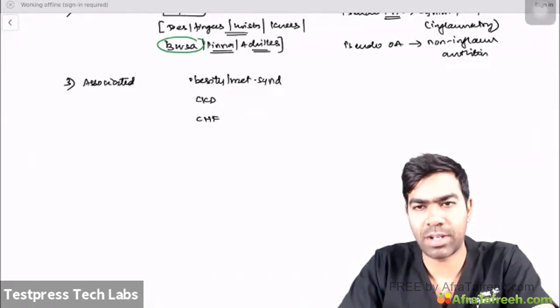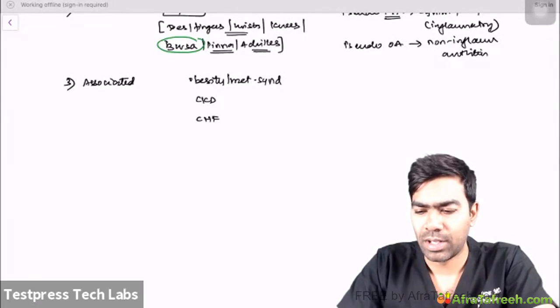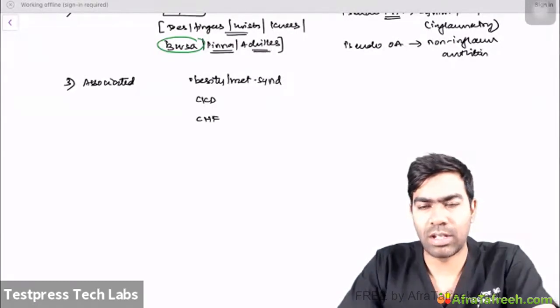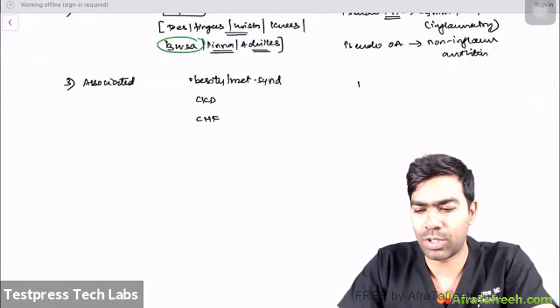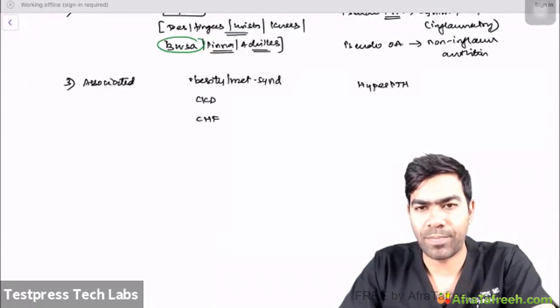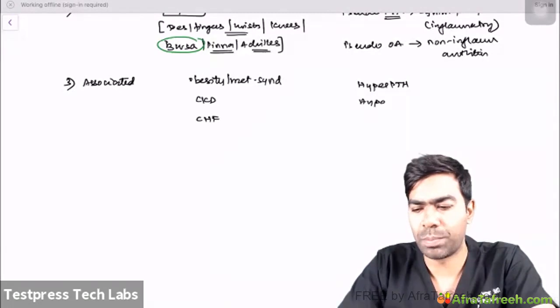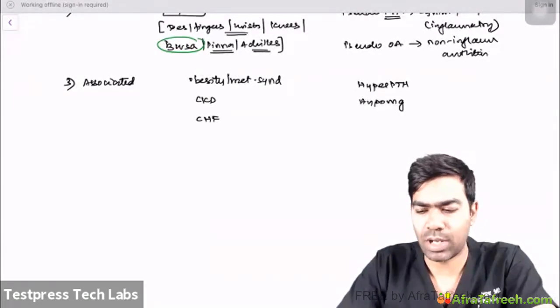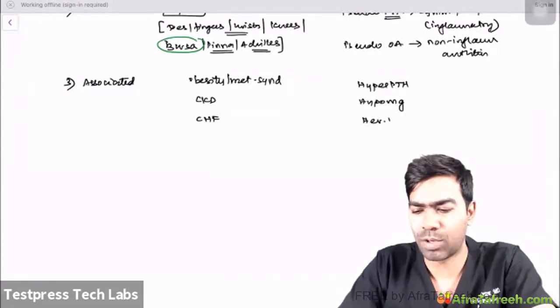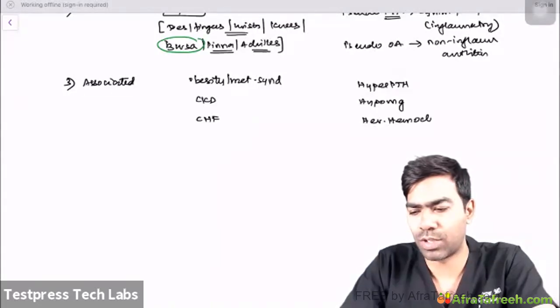So many conditions can be associated with hyperuricemia. As far as pseudogout is concerned, usually we talk about the 3H classically. One is hyperparathyroidism, second is hypomagnesemia, and third is hereditary hemochromatosis, or any hemochromatosis for that matter.